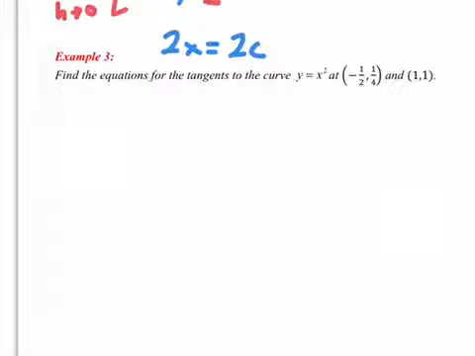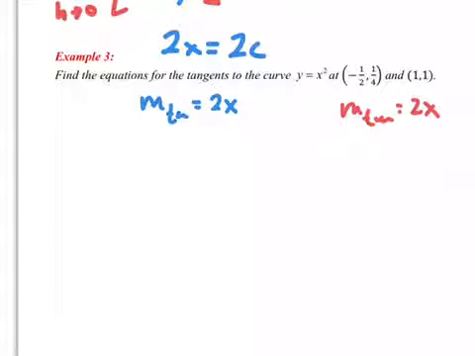Okay, so now that I have the slope of this tangent line in general terms as 2x, right? We just found that in the last one. Now I can find the tangents to the curve y equals x squared at two separate points. So let's do these in blue and in red.